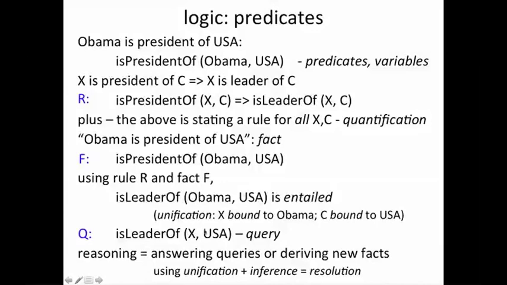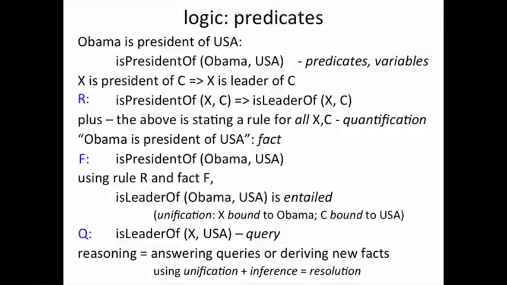And we do this by a process of unification, which is binding different possible values of the variables to X, and inference, which is essentially applying rules using the if A then B format to derive new facts. So the combination of unification and inference is called resolution, and we'll return to resolution in a little while.